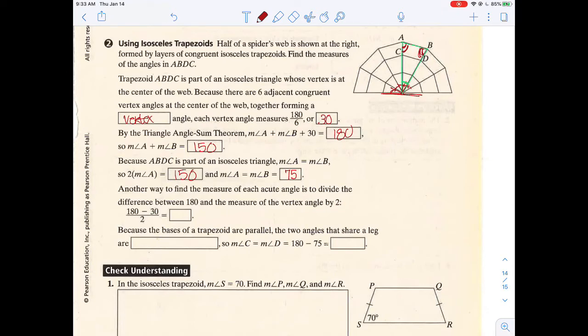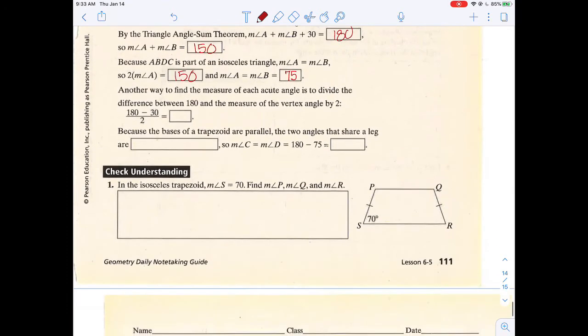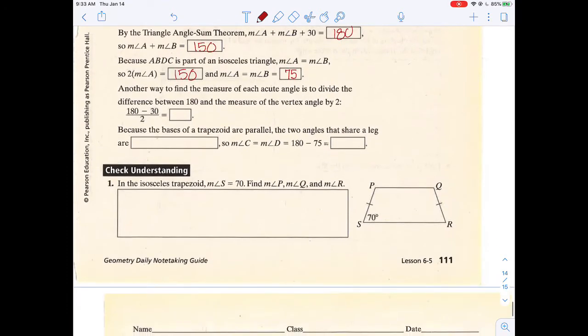So we could divide 150 by 2. Another way to find the measure of each acute angle is to divide the difference between 180 and the measure of the vertex angle by 2, which is what we said. We did 180 minus 30, which was 150, divided by 2 was 75.